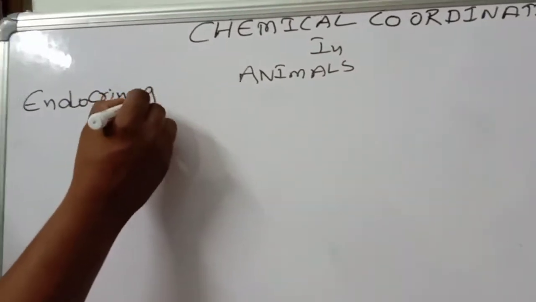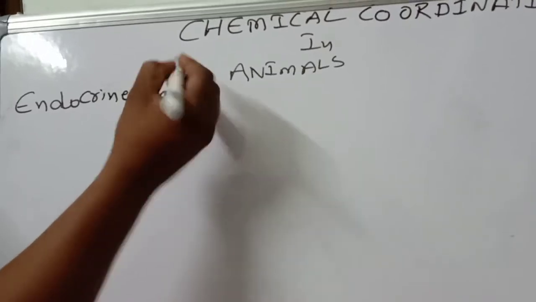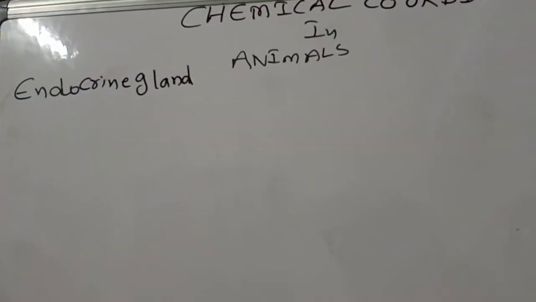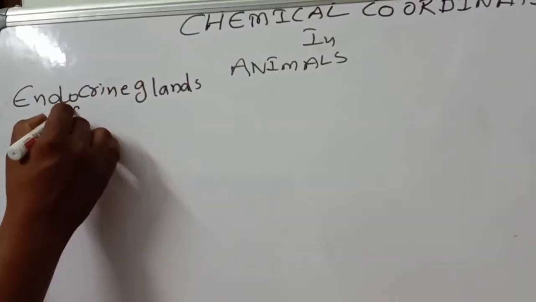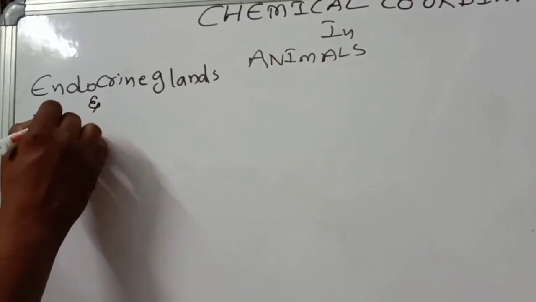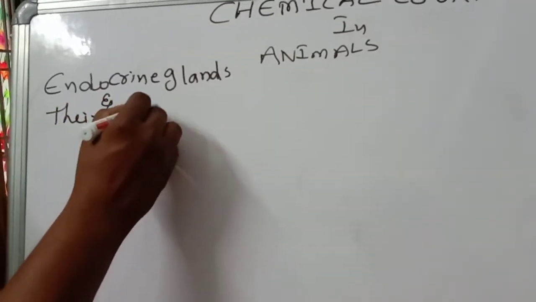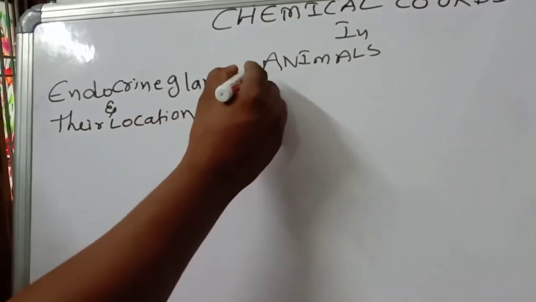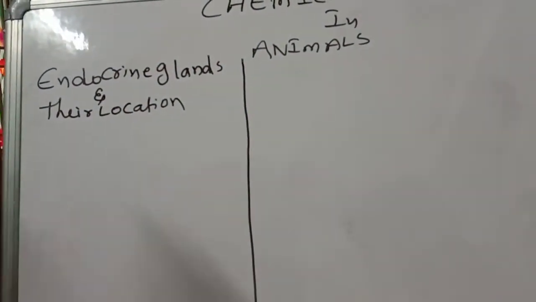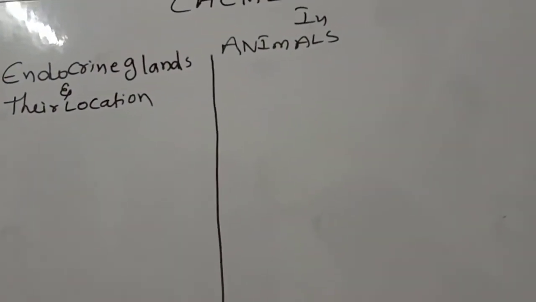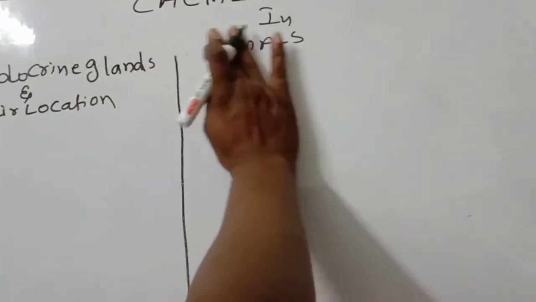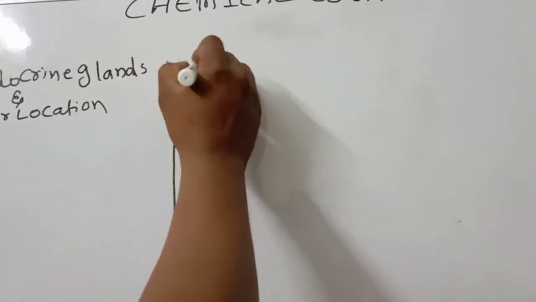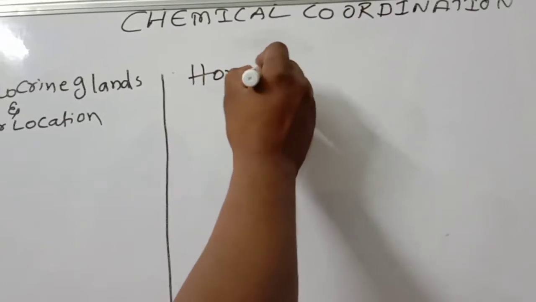Endocrine glands and their locations. First column. Divide like that. The second column, hormones secreted.